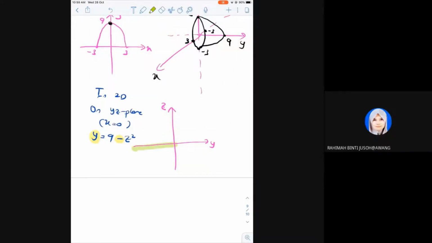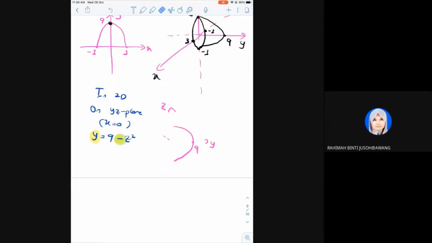So, kita dah tahu dah dia Y equals to negative Z square. So, bila negative Z square, dia akan jadi macam gini kan? Tapi dia ada plus 9. So, bila plus 9, dia jadi macam ni lah. Plus 9, 9 kat sini. Understand? So, ni saya padam balik.